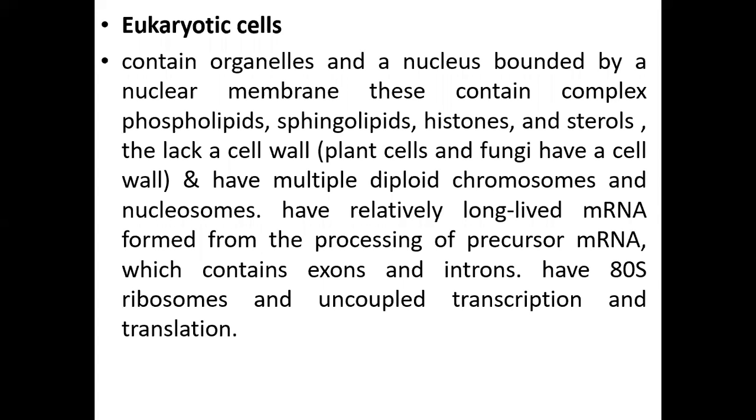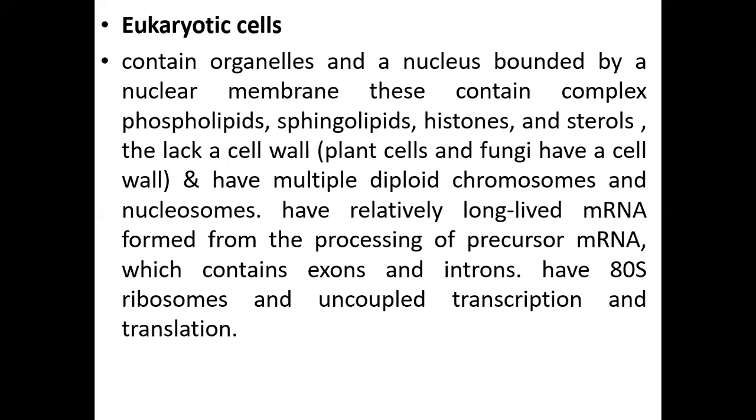Eukaryotes have multiple diploid chromosomes, such as humans with 46 chromosomes, and relatively long-lived mRNA, because the mRNA is processed by capping of the 5' end, polyadenylation of the 3' end, and splicing of introns, because an intron is a non-coding region and an exon is a coding region. They have 80S ribosomes and uncoupled transcription and translation.